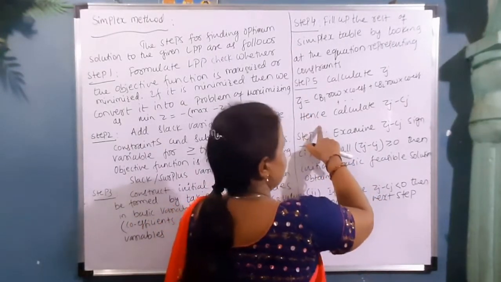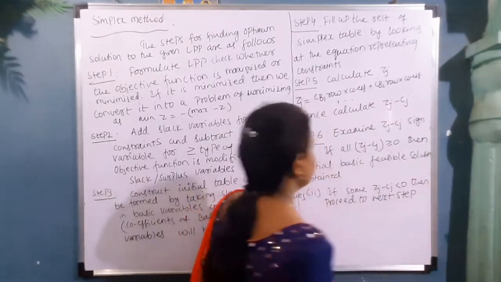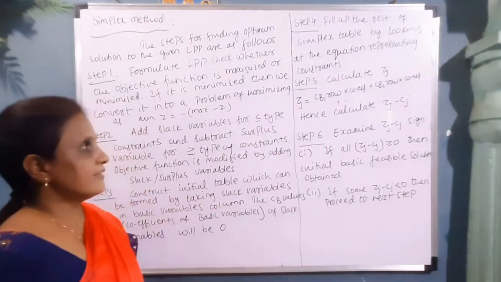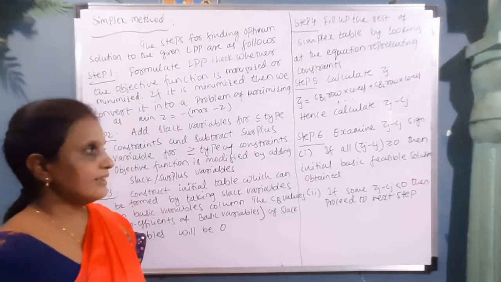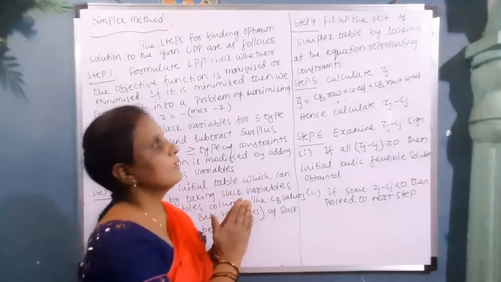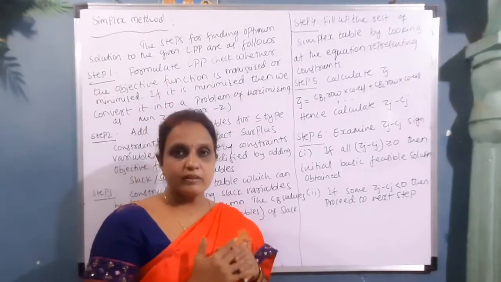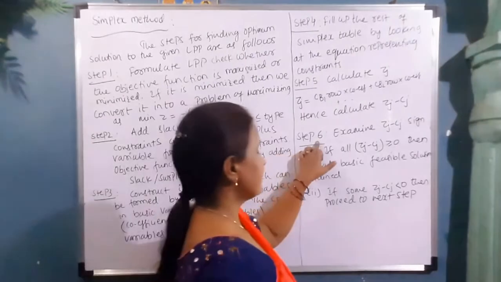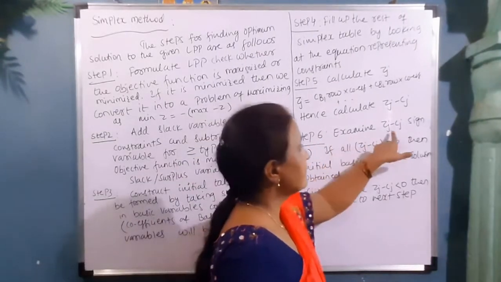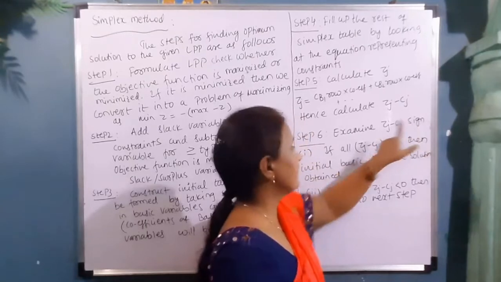After finding Zj, we calculate Zj minus Cj. So once we have got Zj minus Cj, here we are able to check whether we have reached the solution or not. So in step 6, we examine the Zj minus Cj sign.